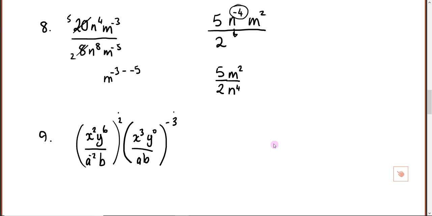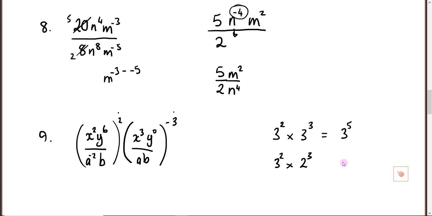In the same way that 3 to the power of 2 multiplied by 3 to the power of 3 is 3 to the power of 5, but 3 to the power of 2 multiplied by 2 to the power of 3 is not anything. We can't just add those powers.